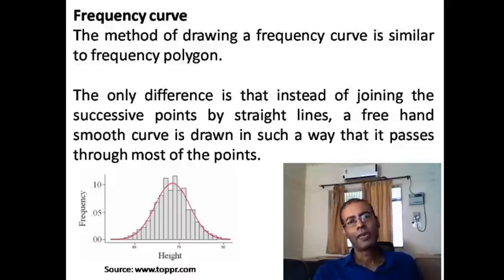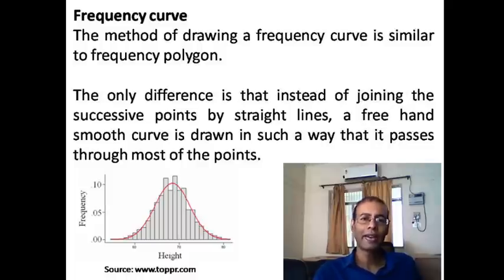The method of drawing a frequency curve is similar to a frequency polygon. The only difference is that instead of joining these successive points by straight lines, a freehand smooth curve is drawn in such a way that it passes through most of the points. So the only difference is we make the curve with the help of freehand.